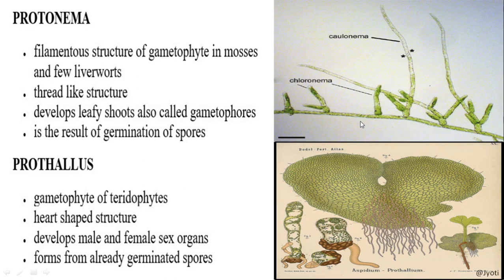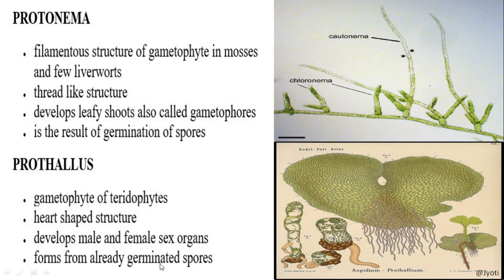As I have earlier told you that the protonema develops from the spore of the bryophyte, which is a thread-like, stem-like structure which is branched. It has two stages. One is primary protonema and then leafy protonema. Okay, so they can develop into a leafy shoot. Okay, and it is resulted due to the germination of spore.